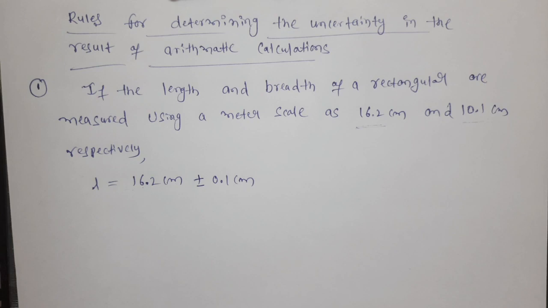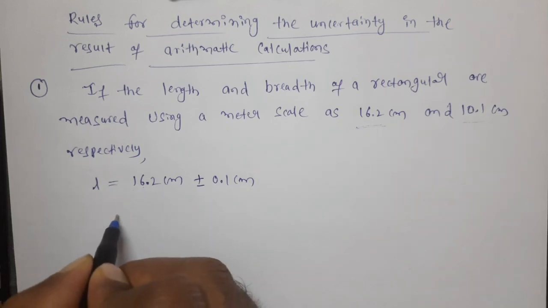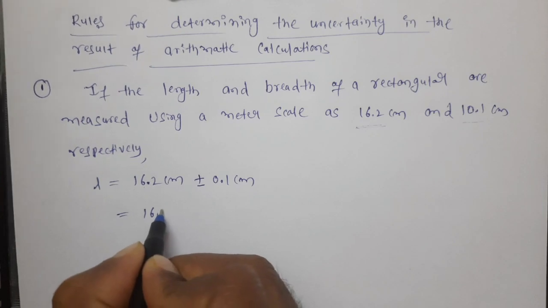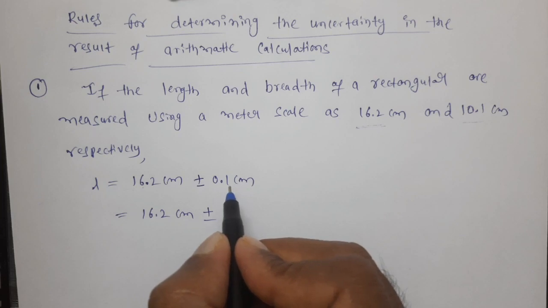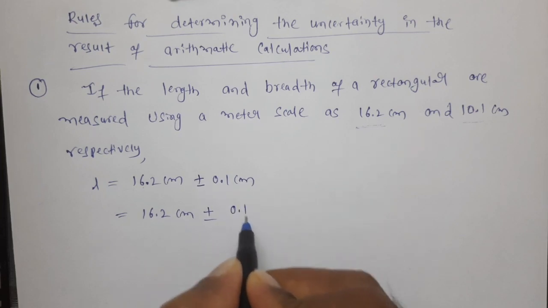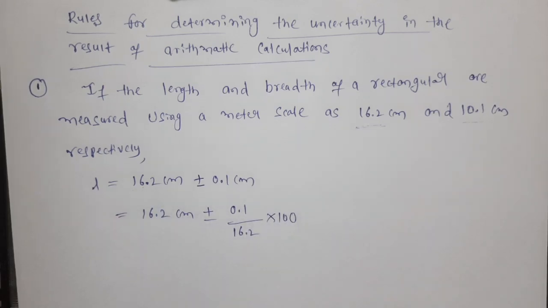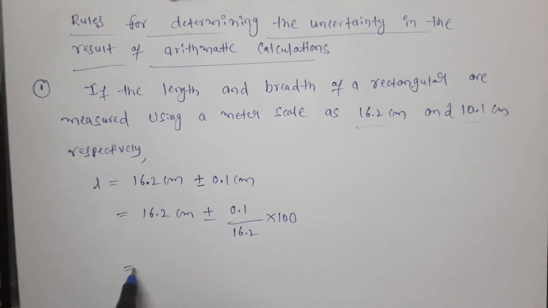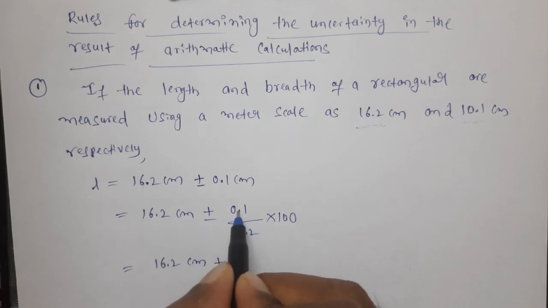Now can we write this value in terms of percentage error? 0.1 centimeters can be converted to percentage error. How? 16.2 centimeters plus or minus. How to find the percentage error? 0.1 divided by the actual value, 16.2, times 100.